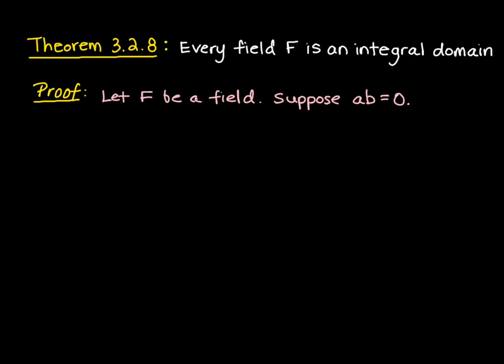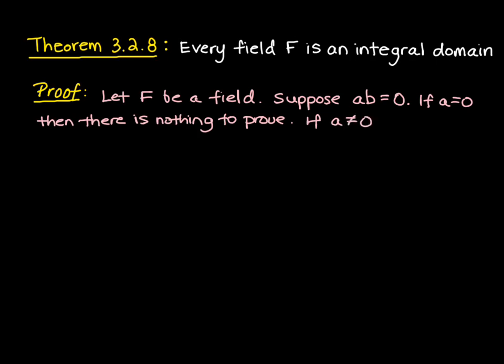We want to eventually show that either A is equal to 0 or B is equal to 0. So if A is equal to 0 off the bat, then there's nothing to prove. So let's assume it's not equal to 0.